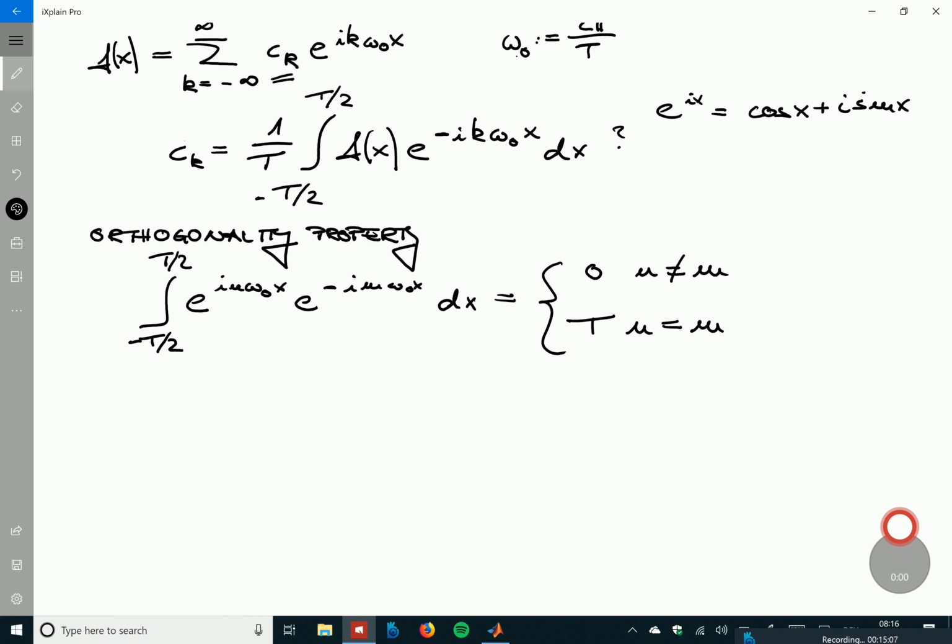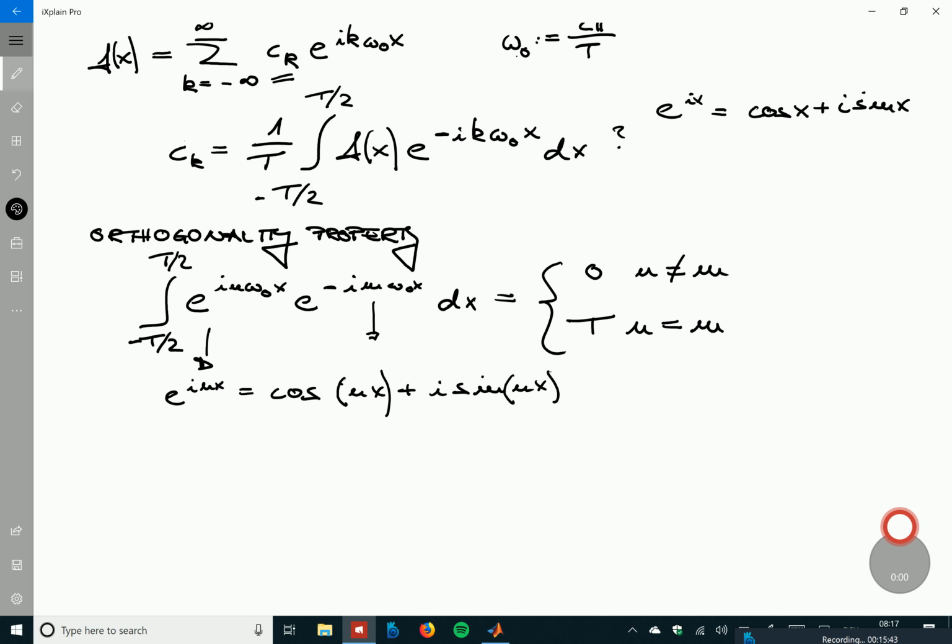I updated that in the script and wrote it out, but it's relatively straightforward to see where this comes from, because based on Euler's formula, this is essentially cos nx plus i sin nx, and this is the thing with m.